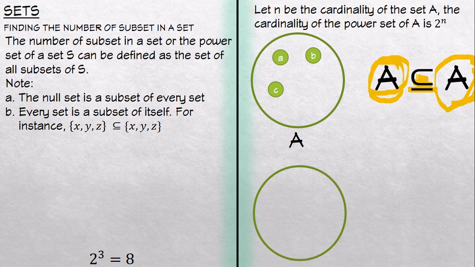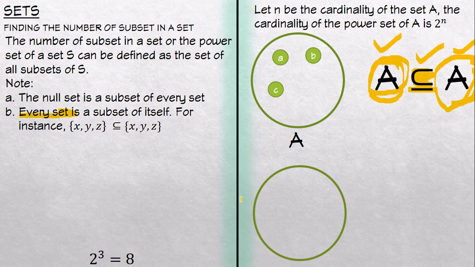Anytime we want to use the fact that every set is a subset of itself, you have to use this subset symbol, not the first one we used initially. Because this time around, all the elements in the two sets are equal.